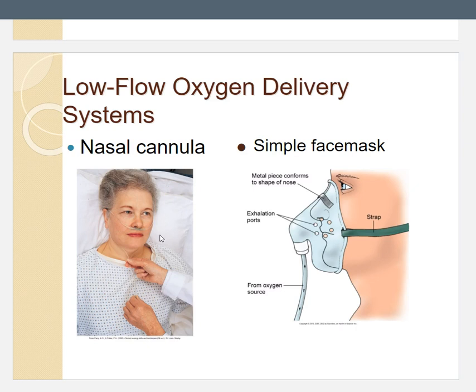All right, this is used for short term or maybe for an emergency. And as I said, you want to always make sure that it is at least 5 liters per minute. Okay, so that's important to know. So that's a simple face mask, which again is low flow oxygen.